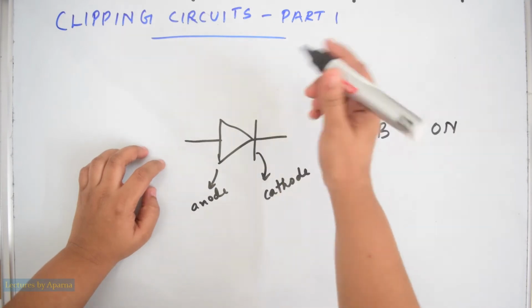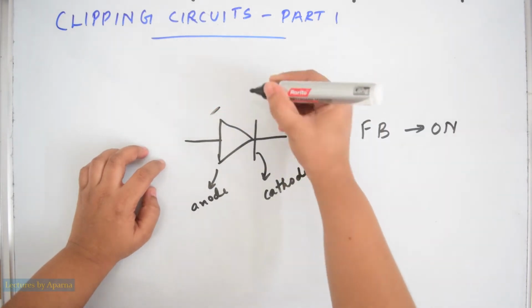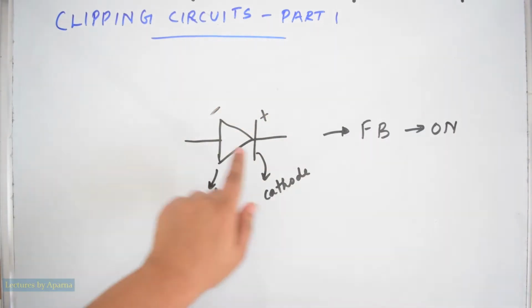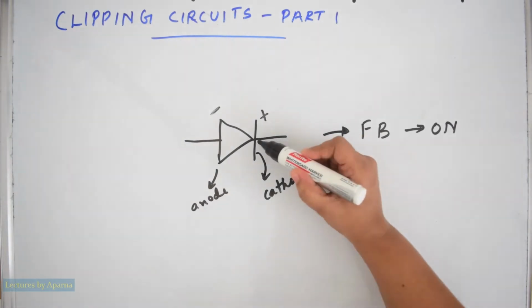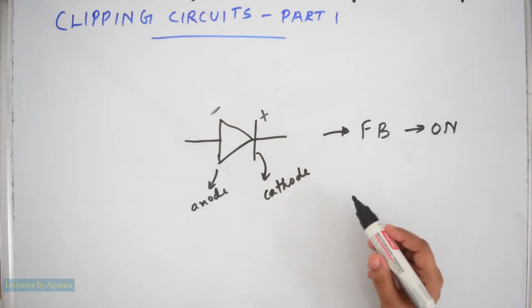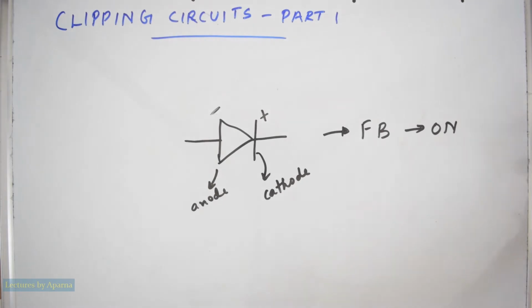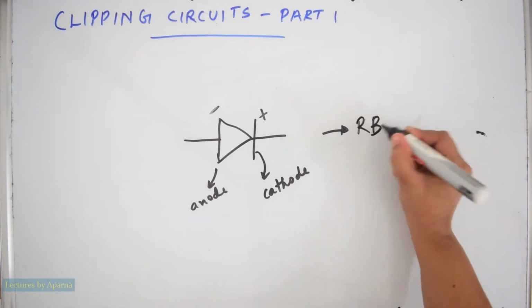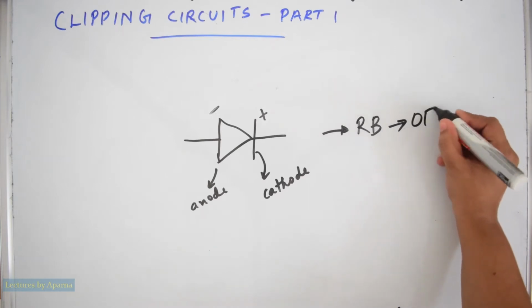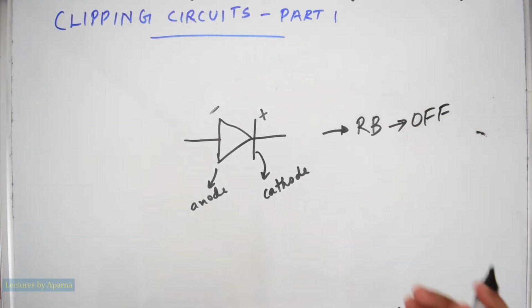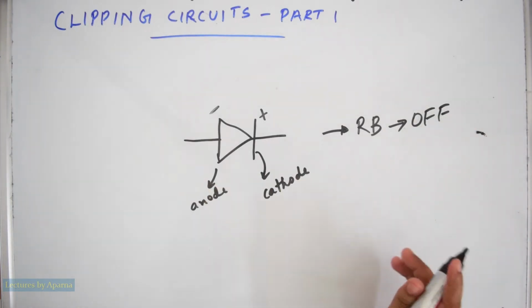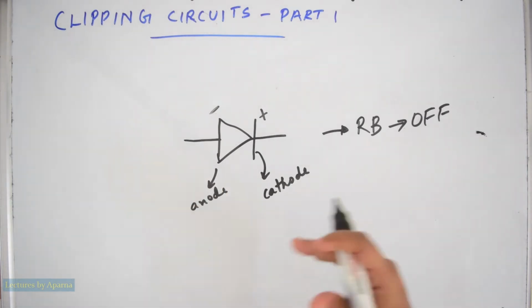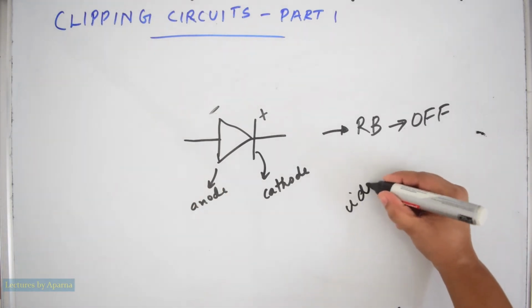In the reverse case, if a negative potential comes here and a positive potential here, the cathode is more positive than the anode, so the diode will be reverse biased, or off. No current will flow through this diode. In these circuits we are considering ideal diodes.